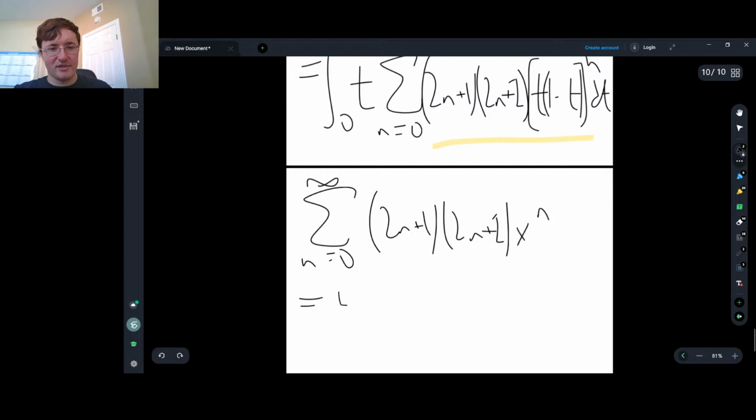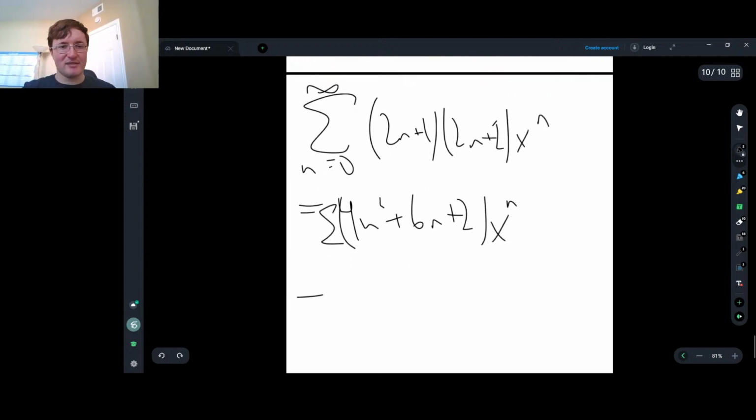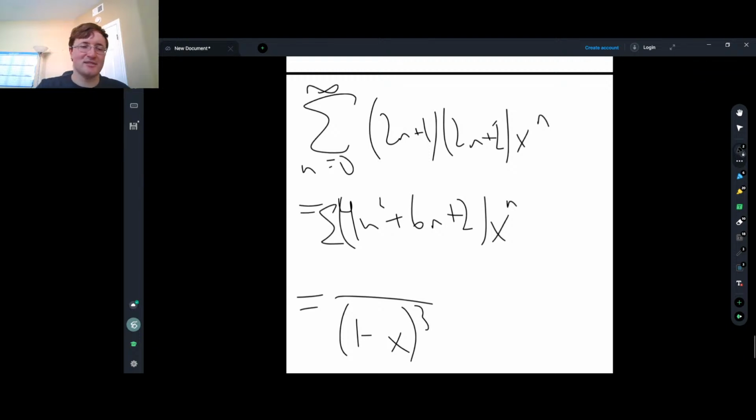So that's the sum of 4n squared plus 6n plus 2, x to the n. Okay, so the sum of n squared x to the n is, I don't quite remember offhand. Something with 1 over 1 minus x cubed. Shoot. Okay. Oh, well actually, the whole thing will be some quadratic polynomial over 1 minus x cubed.